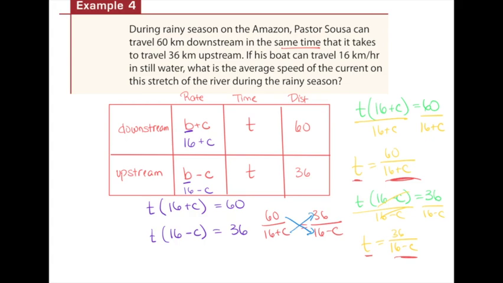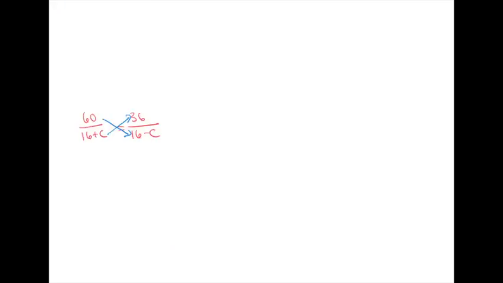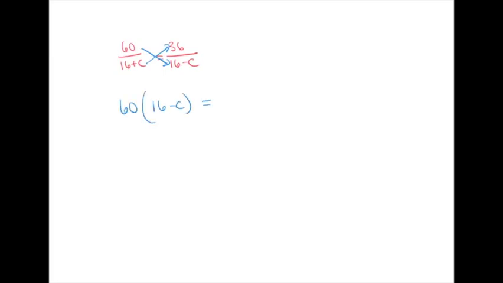This is the easiest way to do this one, I promise. I'm going to cross multiply, and I'm going to say 60 times the group across from it equals 36 times the group across from it. This is the easiest method to solve this one.